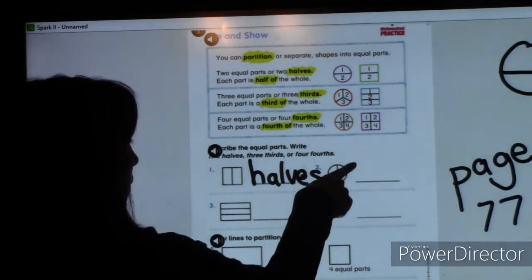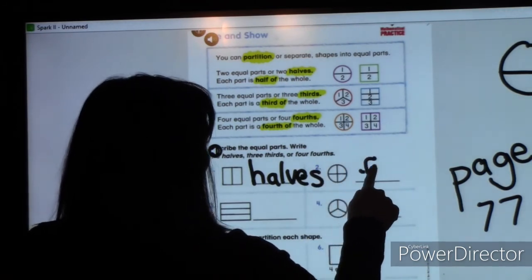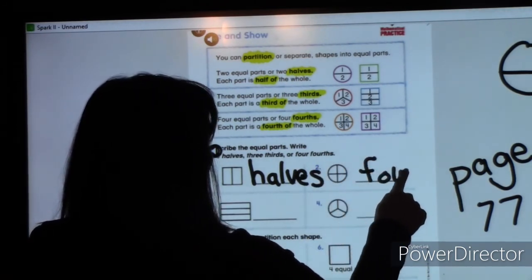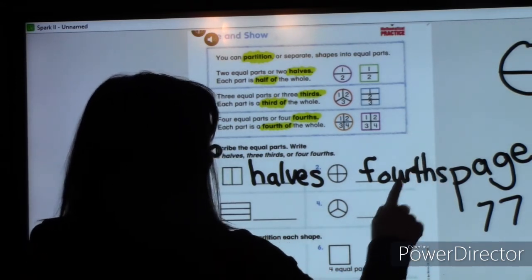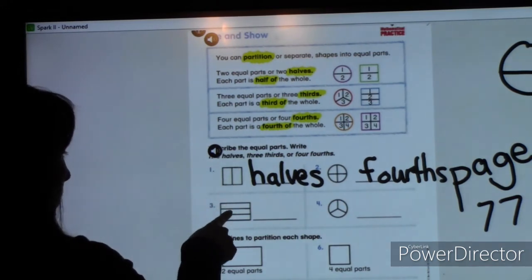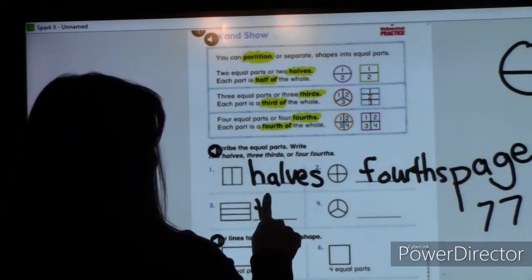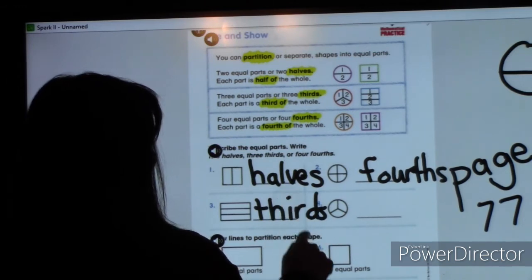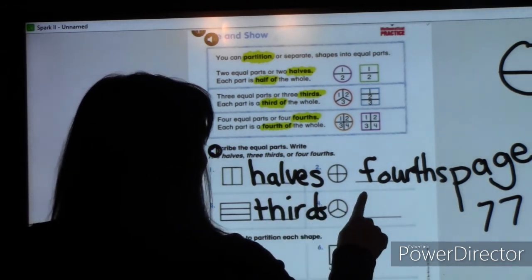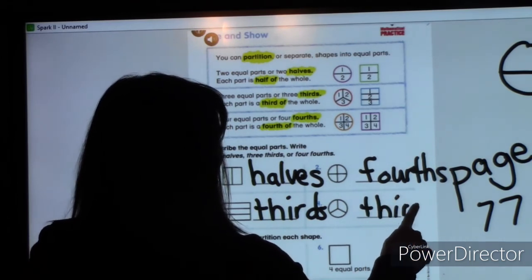Okay, number 2, our circle is divided into 4 equal parts. 4 equal parts is fourths. Our rectangle is divided into thirds. 3 equal parts is thirds. Okay, for number 4, we also have 3 equal parts. So that is thirds as well.